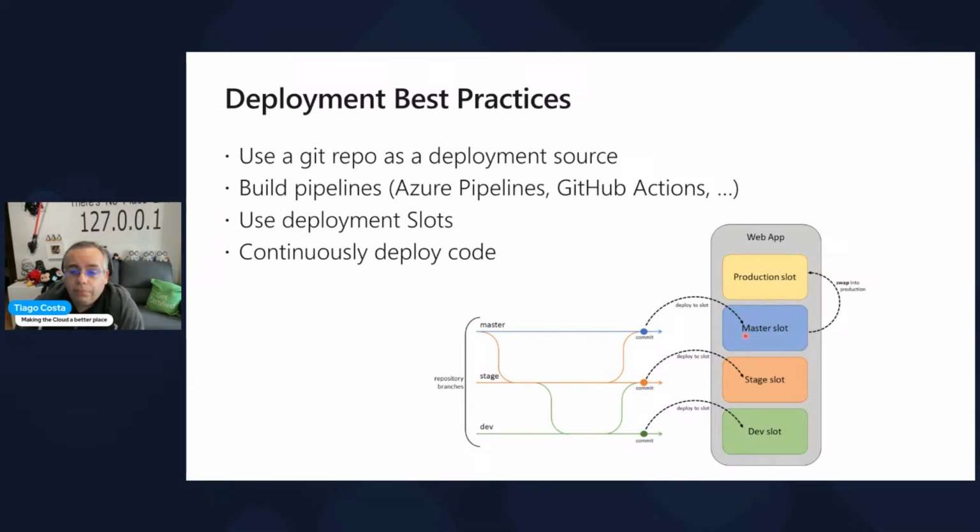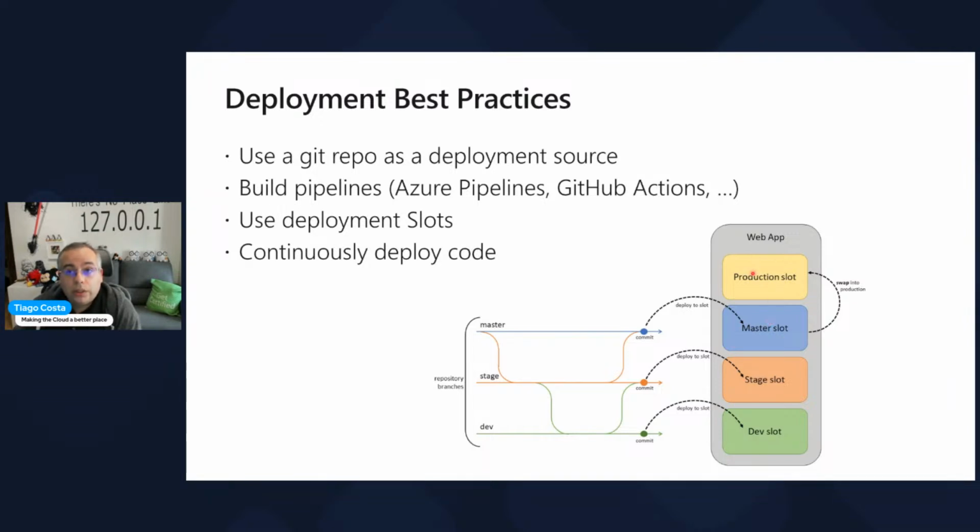But never deploy to production. Imagine that this application takes 2 minutes for the deployment process. If you deploy this from here to production, your application is going to be out for 2 minutes. But if you deploy to this other slot, well, actually, this still works.